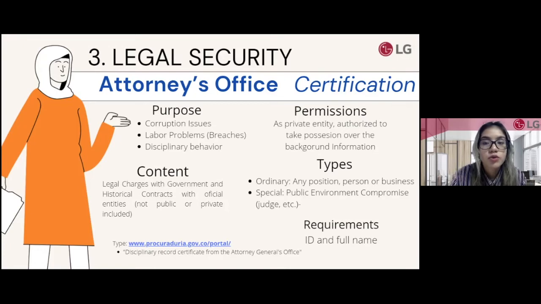In order to obtain this background information, we just need to go to this web page linked to the disciplinary record certificate from the Attorney General's Office.